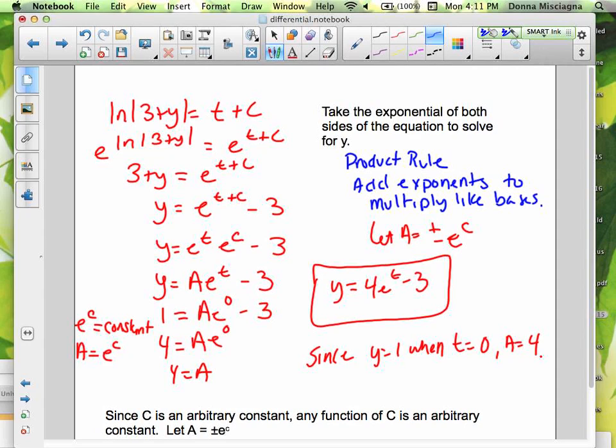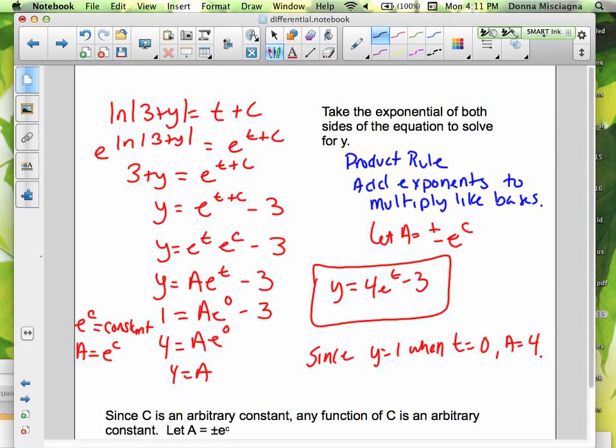So I can go the other way, and that's what we've done. e to the t plus c is the same as e to the t times e to the c. c is just a constant, e is a constant, so e to the c is just a constant.